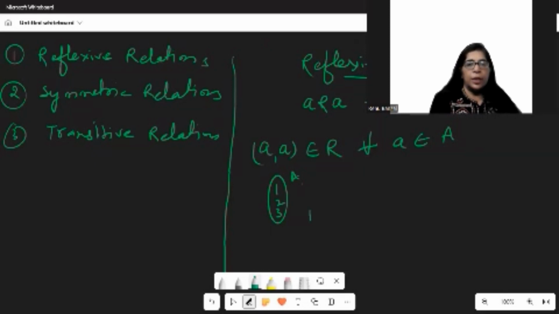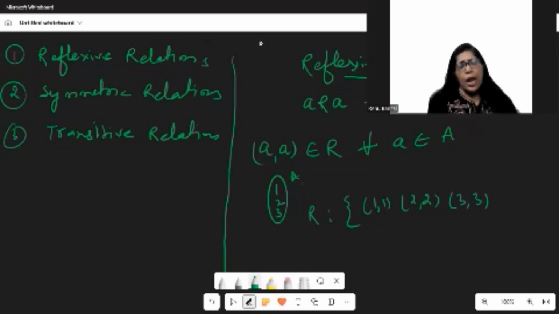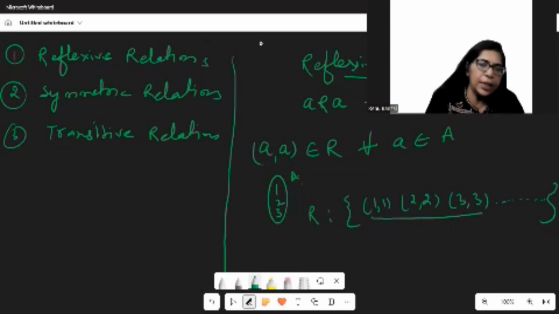But in a relation, the doublets must be there. 1 must be related to 1, 2 must be related to 2, 3 must be related to 3. And except these, it can have other elements as well. But having these doublets is compulsory, mandatory.